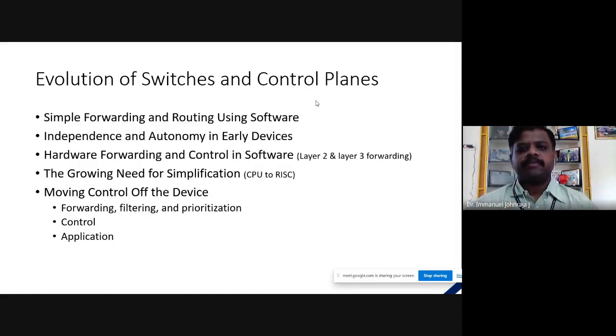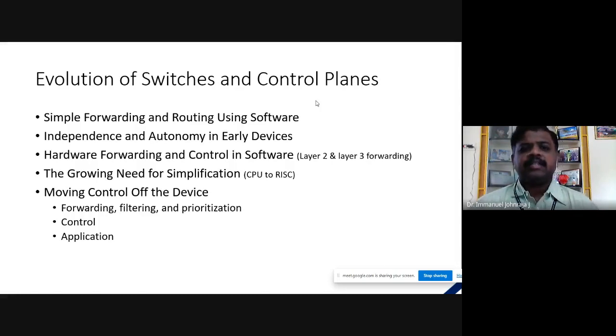You take the case of your router. You don't expect this router to depend on somebody else all the time to take the decision. It should be able to get the bits of information, make them into a frame, and check whether the decision can be taken based on the information on the network layer, based on the forwarding table. So autonomy was anticipated. That's the reason why you have routers and switches in existence.